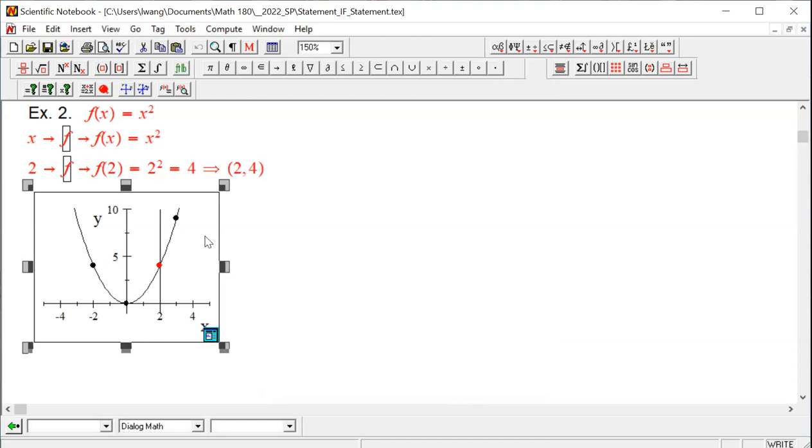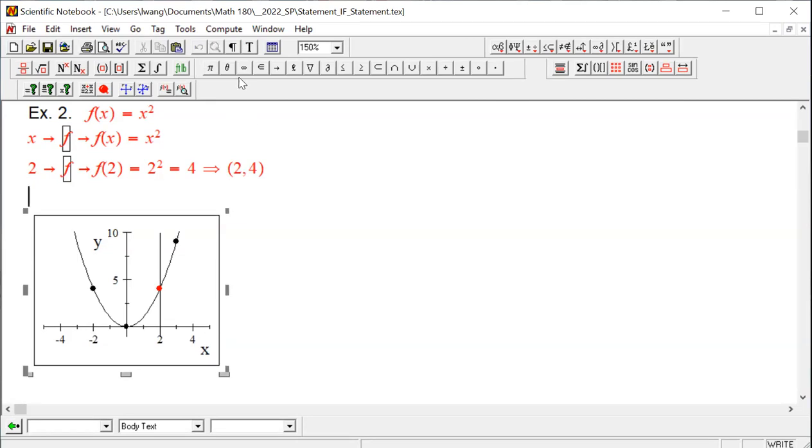So hear me. When input is given, we draw the line x equals 2, which is the input given. Follow the rule, it produces the output of 4. And at the crossing is (2, 4).